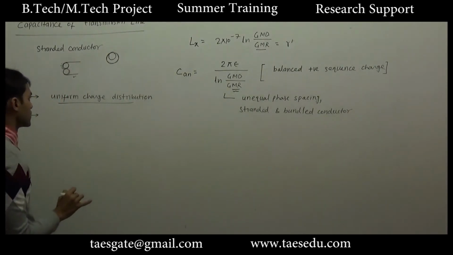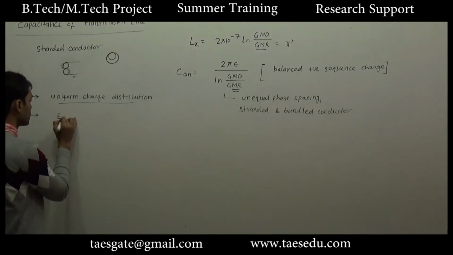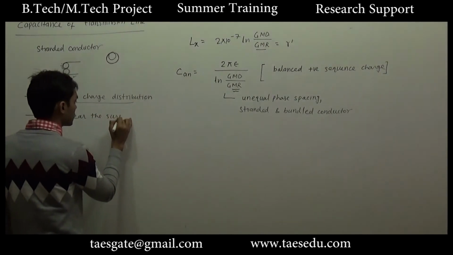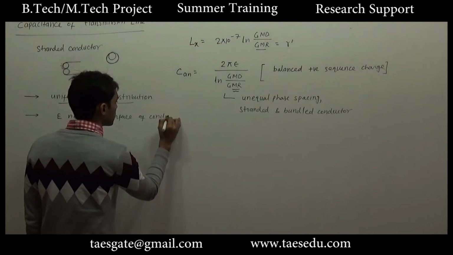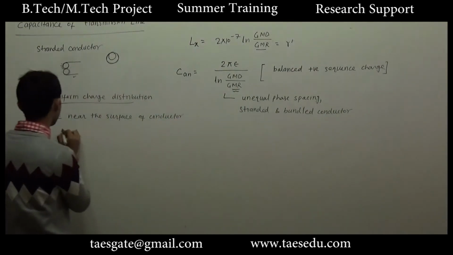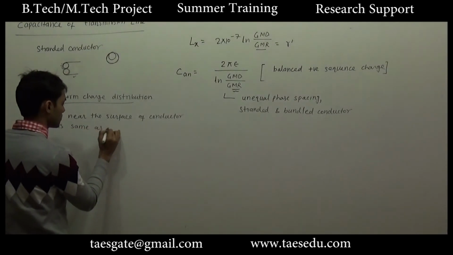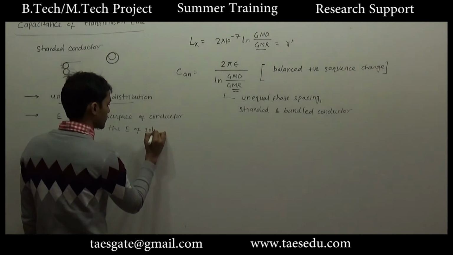The second assumption is that the electric field near the surface of the conductor is the same as the electric field of a solid conductor.